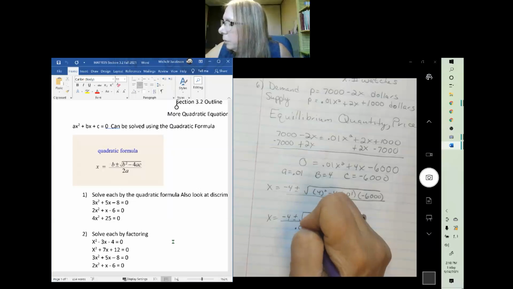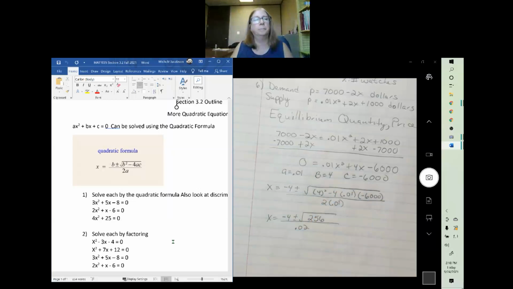Under the radical, you should get 256, which is nice because it's a perfect square root. But are there any questions so far?